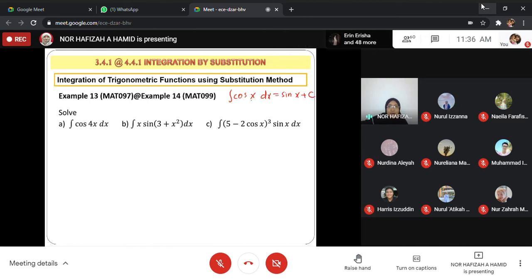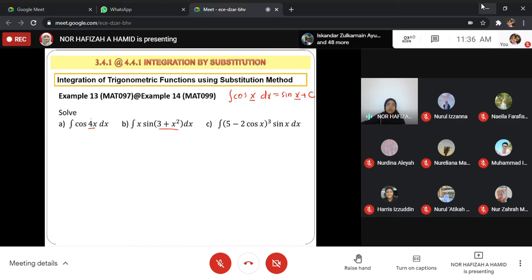Before this, the angle was just x. Now we want to extend it beyond x. It can change, for example 4x or 3 plus x squared. So any function, you can solve using the substitution method.